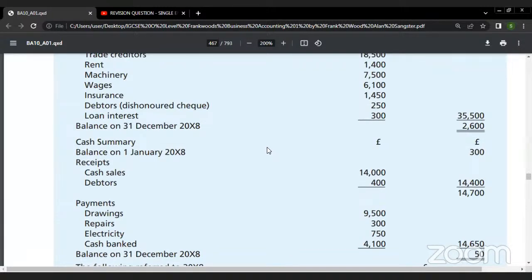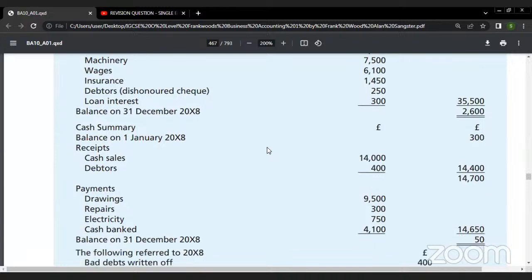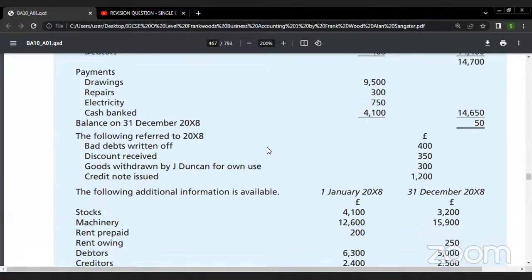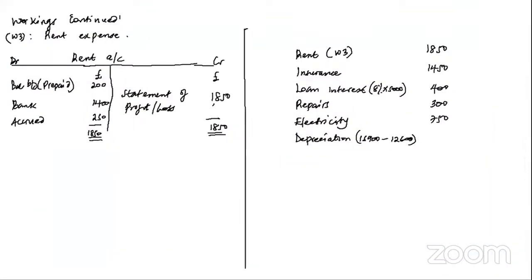That machinery was acquired at 7,500. Okay, so we can come up with a value. There is something we had forgotten: the value of the machinery that we acquired during the year.